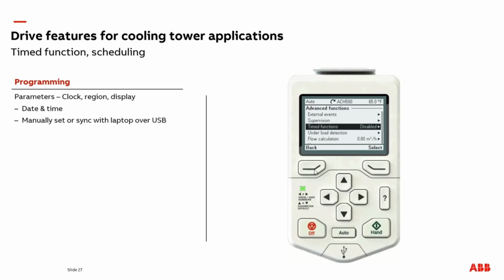the drive. That can be found by just going back from time functions, advanced settings, down to clock, region, and display, from here down to date and time. You can manually enter and adjust these values if they're not already set or reasonable in the drive, and they will sync from a laptop connection as well over USB if you are using the Drive Composer software.